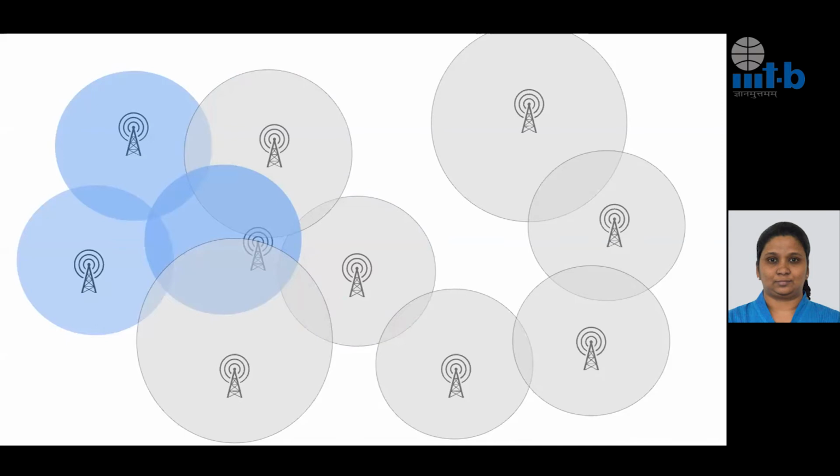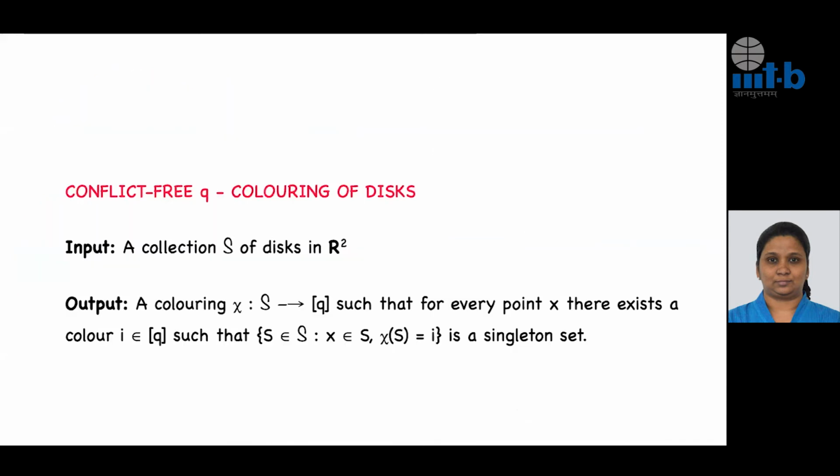So this was the problem that was first studied with respect to the conflict-free coloring of hypergraphs. Conflict-free coloring of disks is the first problem that was studied in this area.